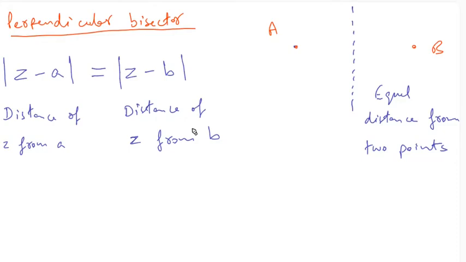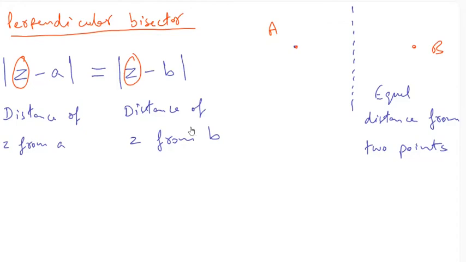It means what are the possible values of z, where can z be, if its distance from this point A and its distance from this point B are equal. Those two distances from these 2 points are equal. Remember, equal distance from 2 points is always going to be a perpendicular bisector. Okay?